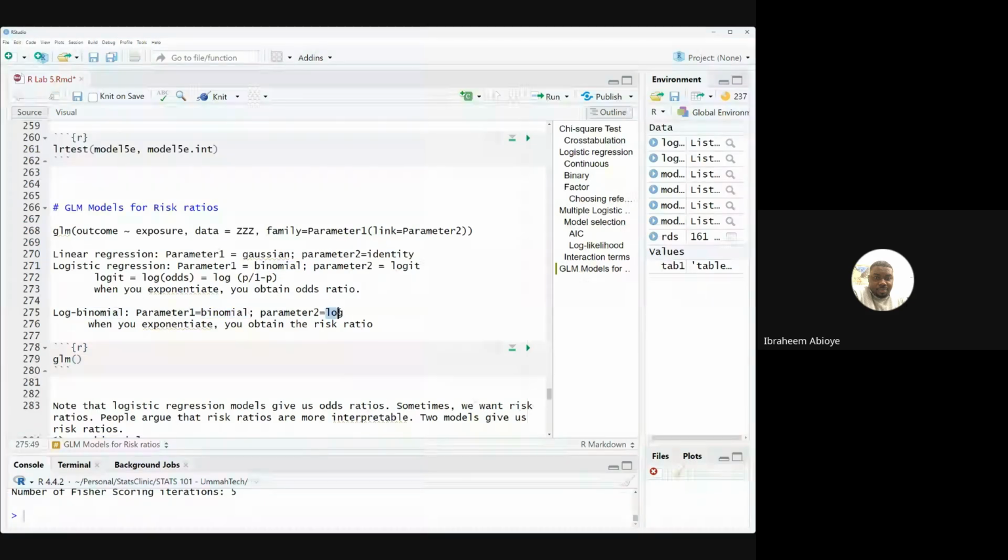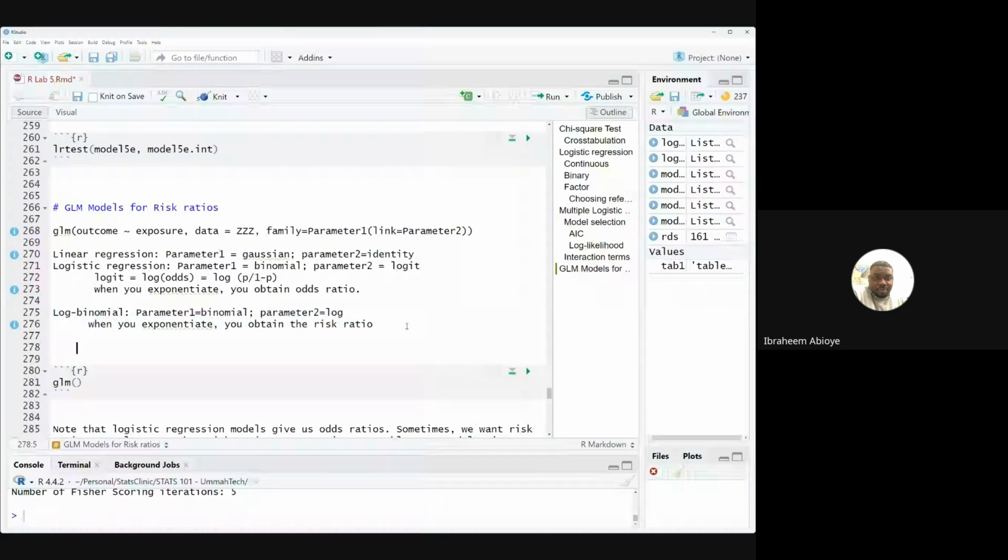And for log Poisson, like we just saw, Poisson is someone's name, so you write that in caps. Parameter 1 is Poisson, parameter 2 is log. And when you exponentiate, same thing, we get the risk ratio.